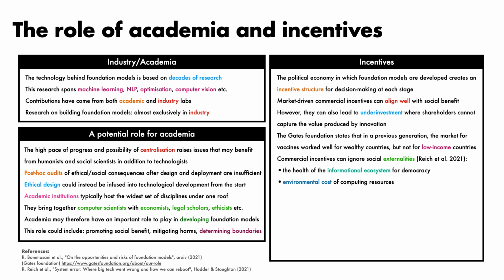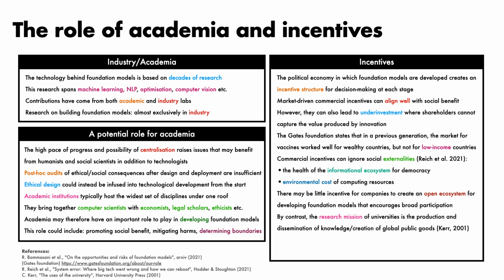Returning to foundation models, there may be little incentive for companies to create an open ecosystem for developing foundation models that encourages broad participation. By contrast, the research mission of universities is the production and dissemination of knowledge and the creation of public goods. As a consequence, academia can help to ensure that the development of foundation models aligns with social benefit that may not be adequately incentivized commercially.